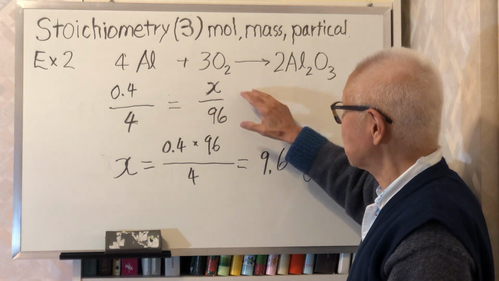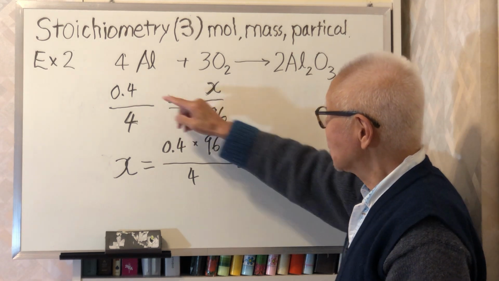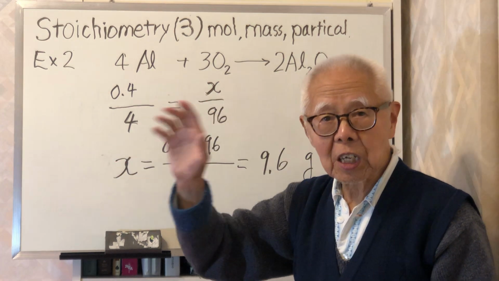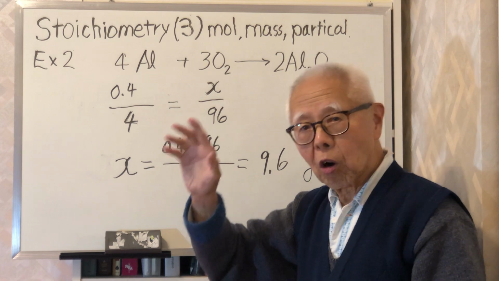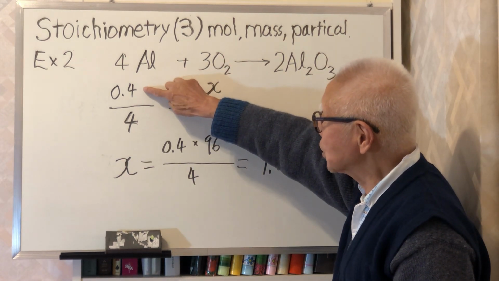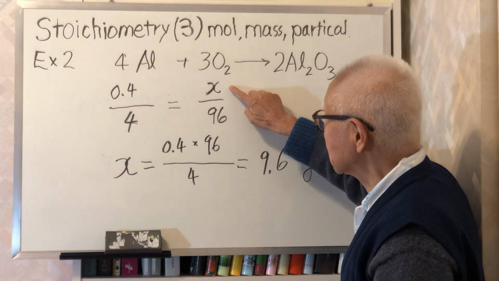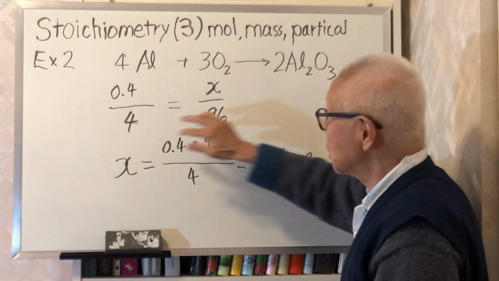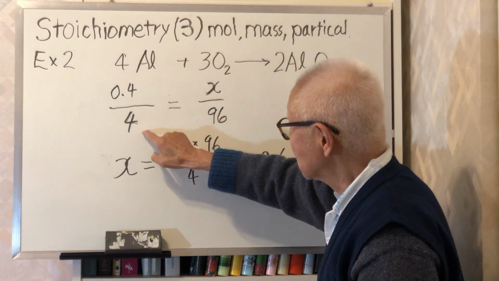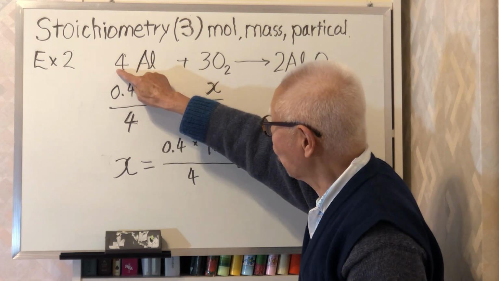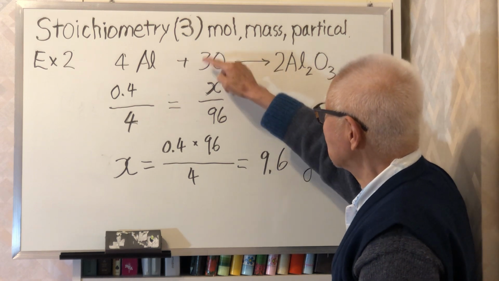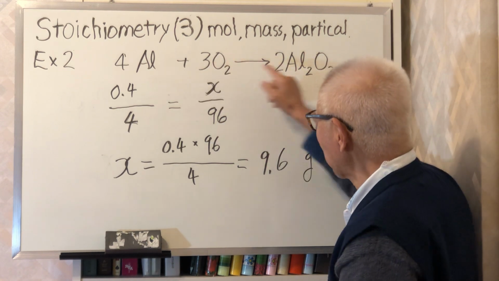In my calculation, I suggest that on the first line you write down what is given in the question and what you want to find. Then the next line is from the reaction equation. This 4 is from the reaction equation, and this 96 is from the oxygen in the reaction equation.